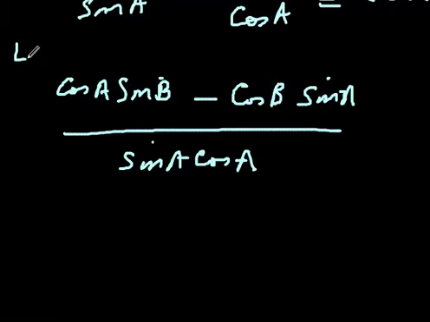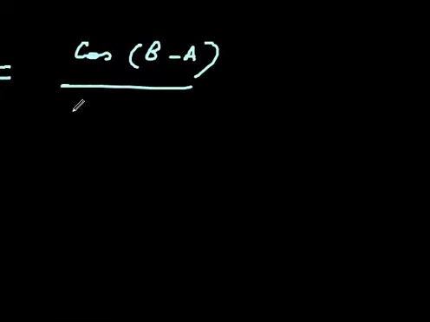Obviously I can write them down as a single denominator. So I've just started from the left hand side. Now I can see that that is actually an addition formula: cos a sine b minus cos b sine a. I can change sine a cos a into a double angle formula if I multiply this by 2.